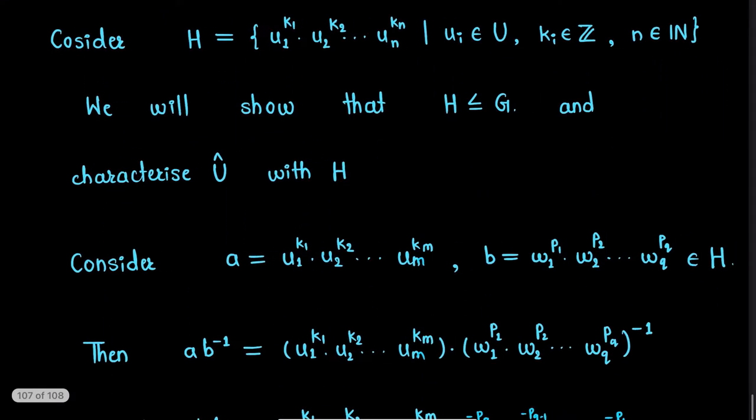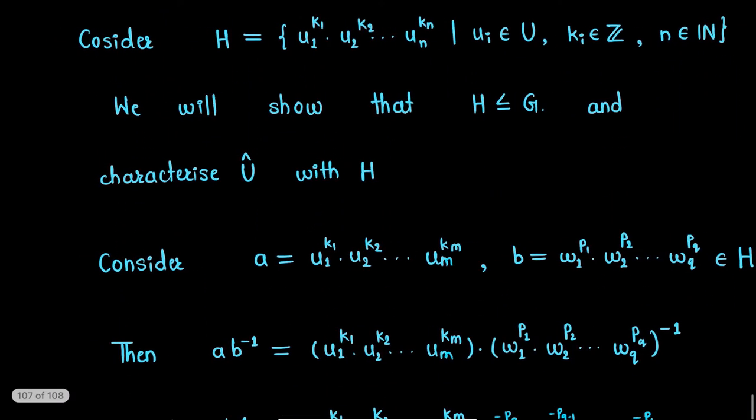For this, consider a subset, say H, of group G, consisting of elements of the type U1 to the power K1, U2 to the power K2, and so on up to Un to the power Kn, where each Ui is an element in the subset U and K1, K2, up to Kn are integers.